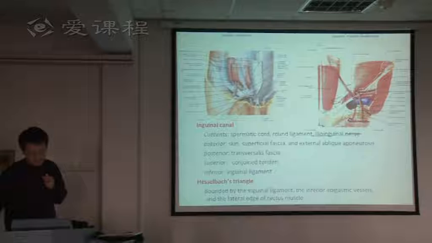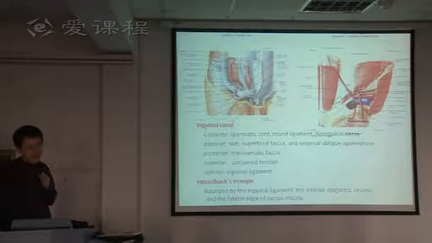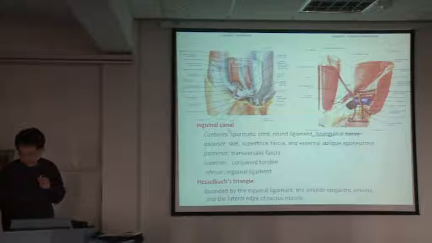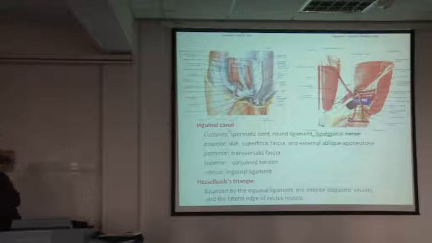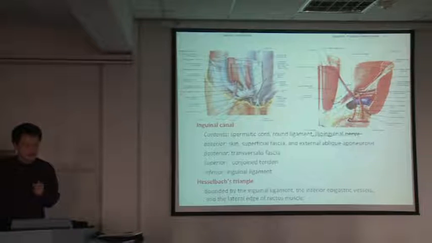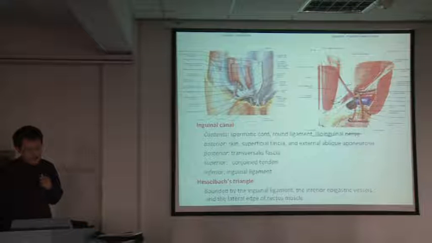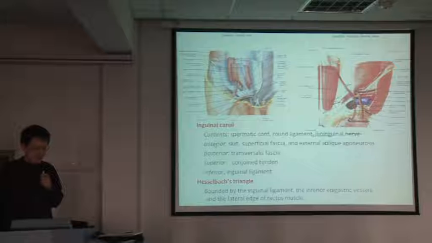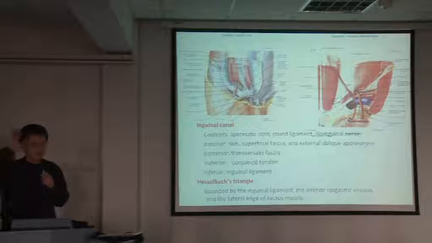We go down. I have talked about this thing. So please remember, inguinal canal, inguinal hernia. The anterior is skin, superficial fascia, and external oblique aponeurosis.